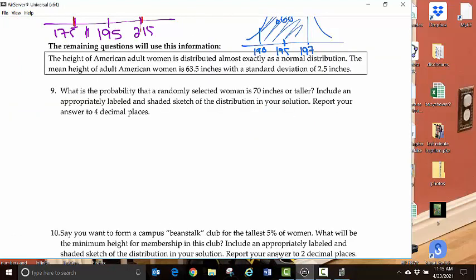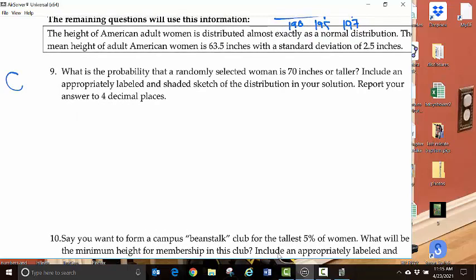The height of the American woman is distributed exactly as a normal distribution. The mean height of an adult American woman is 63.5 inches with a standard deviation of 2.5. What is the probability that a randomly selected woman is 70 inches or taller? All right, so this is our whole chapter 7. I bet you they're going to do what I did on the warm-up.